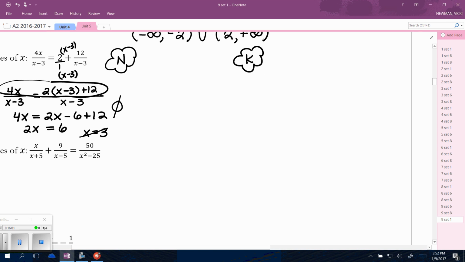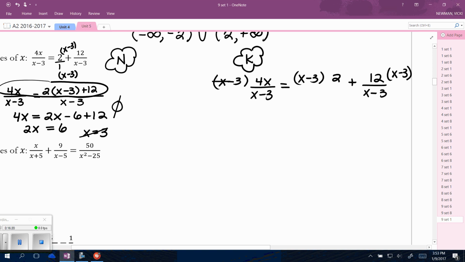Krause's kids. You will multiply both sides of the equation by x minus 3. So they cancel here. This one stays, and they cancel here.